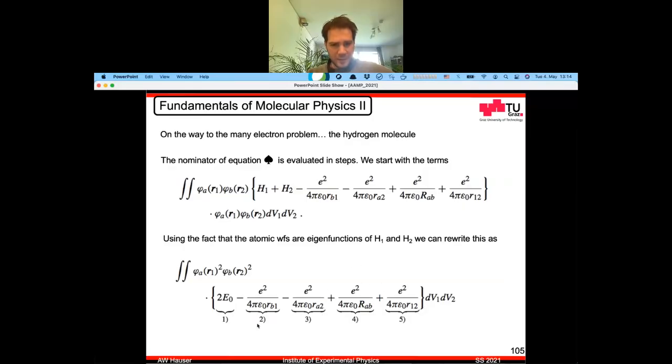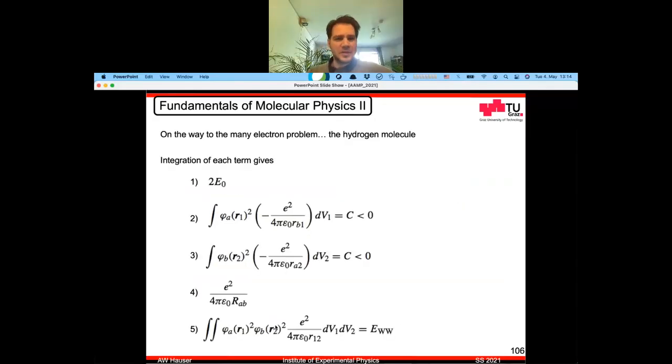I have given the numbers 1, 2, 3, 4, 5. And here you can see what happens if we integrate this out. The first one, since it's just a constant, gives us 2 times E naught.